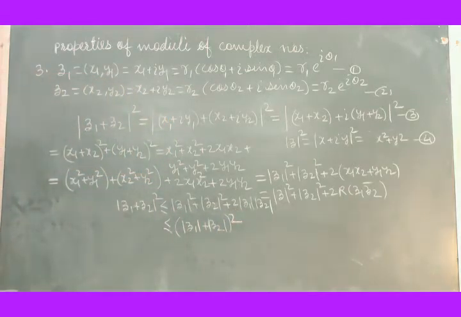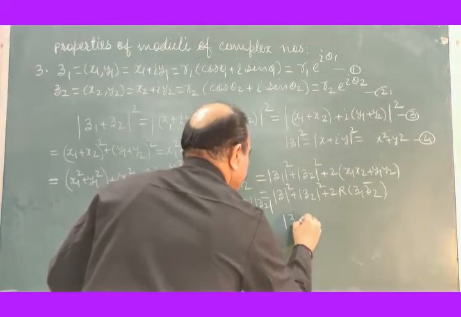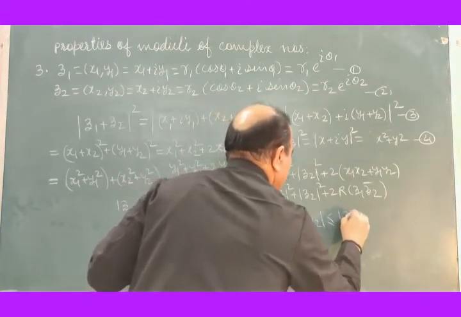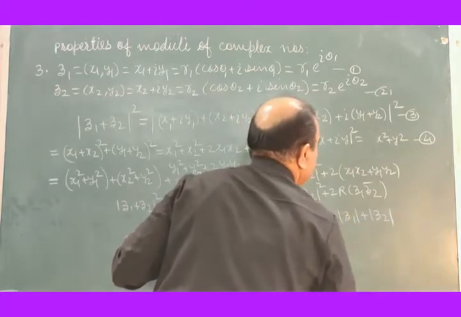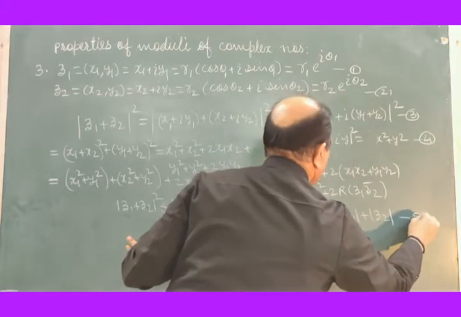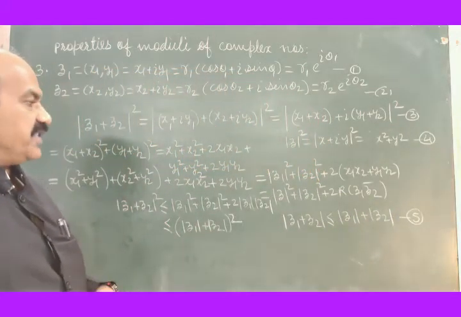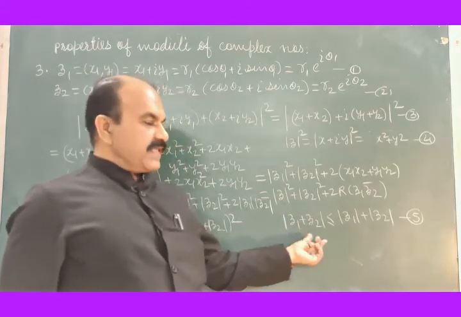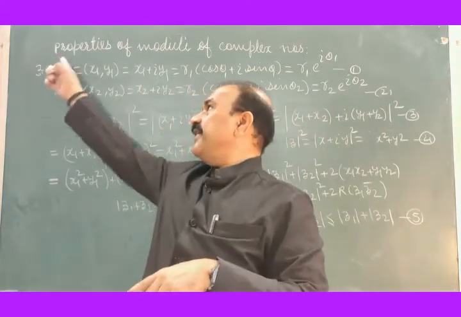take square root on both sides. If we take square root on both sides, finally we will get equation number 5. And what is that? Modulus of sum of two complex numbers does never exceed sum of their moduli.